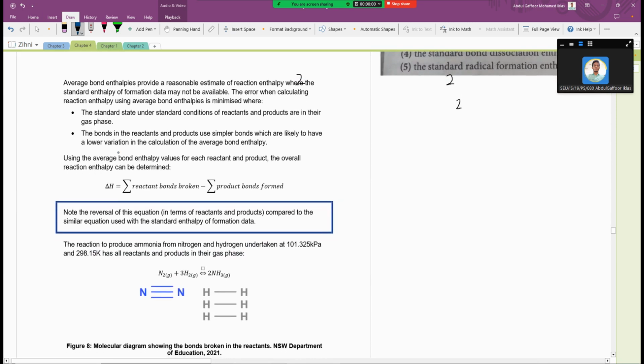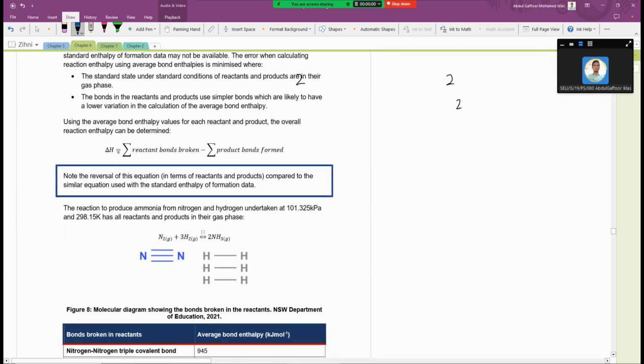So now for this also we have an equation, right? We have done the same example using formation enthalpy, and for that we use this equation: delta H is equal to summation delta HF theta of products minus summation delta HF theta of reactants. Now in terms of bond enthalpy, we can do this question, right? So if we want to make NH3, now you see N2 is like this, right?